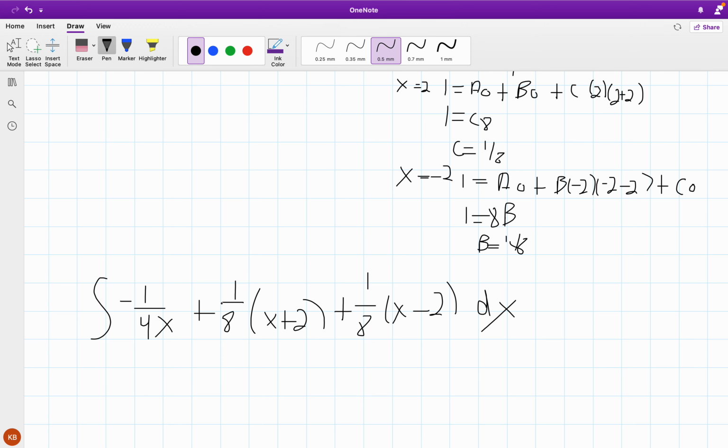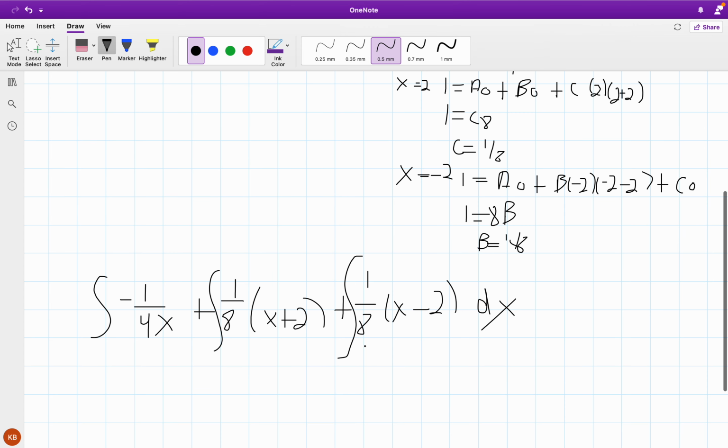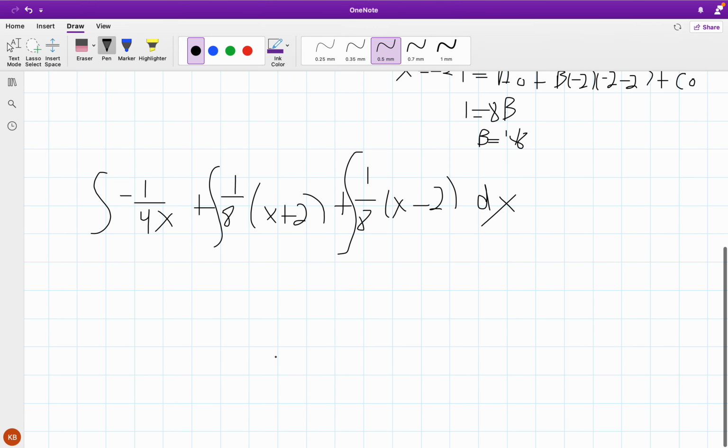And this can be further simplified by doing it in 3 separate integrals, so it can be done a lot quicker.